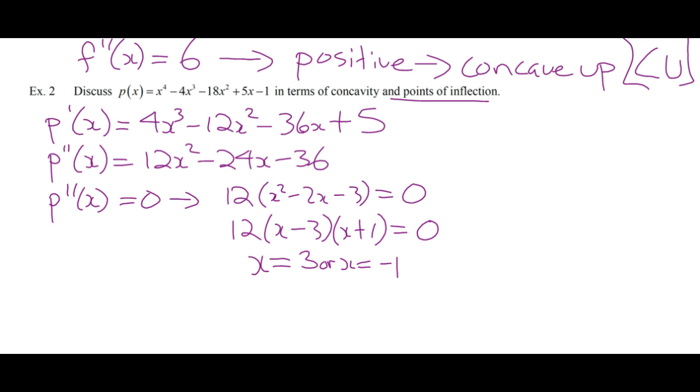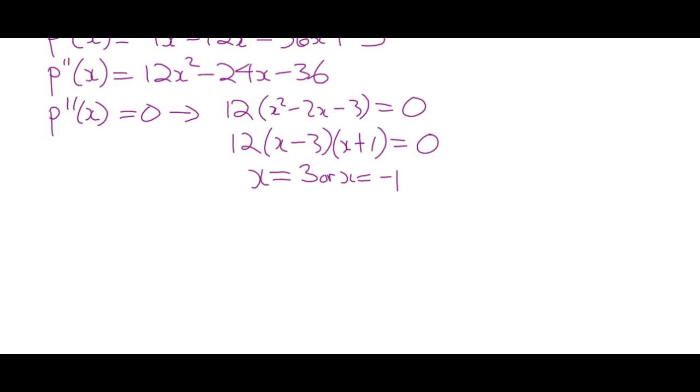So we know that we have to be looking in the interval below -1, between -1 and 3, and above 3. All right, fine, let's do that then. Let's make a little chart here. I'm interested in below -1, between -1 and 3, and above 3.